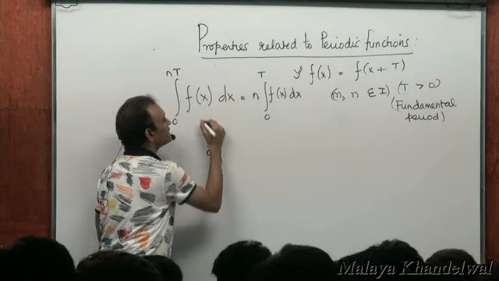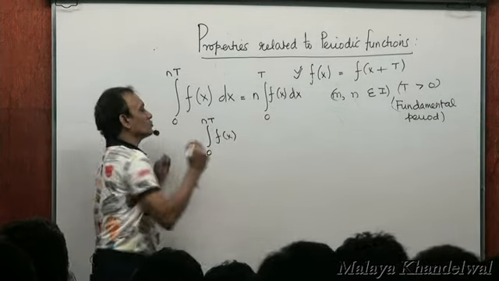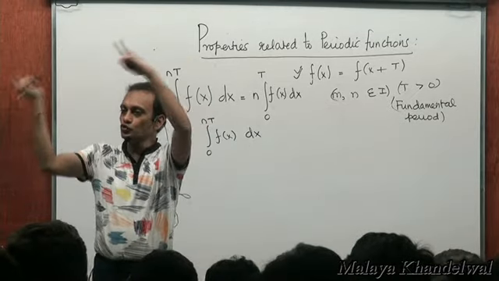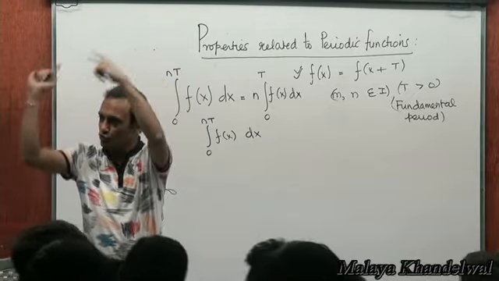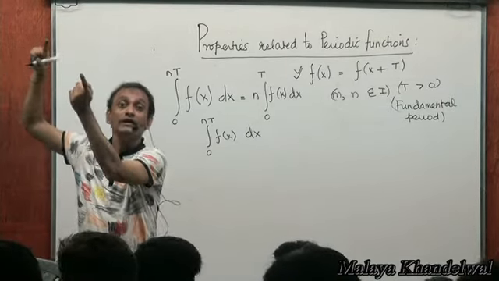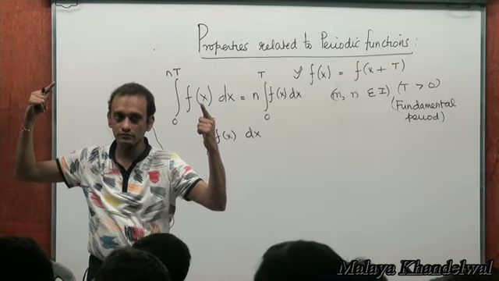Now the integral of f(x) dx from 0 to nt, I could write as 0 to t, t to 2t, 2t to 3t, 3t to 4t, 4t to 5t, then (r minus 1)t to rt, and finally (n minus 1)t to nt. I could do that, right?